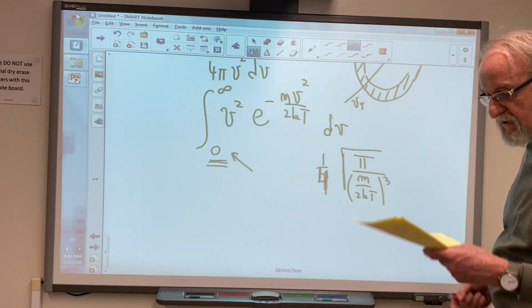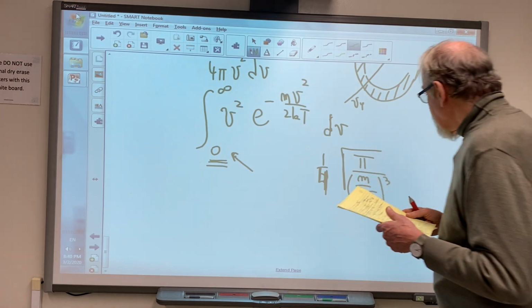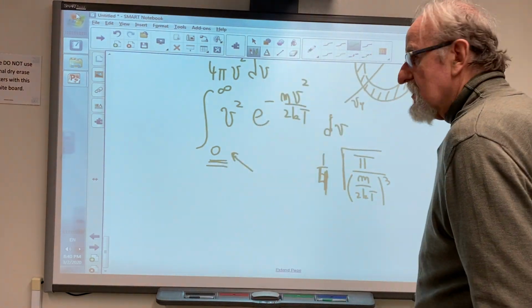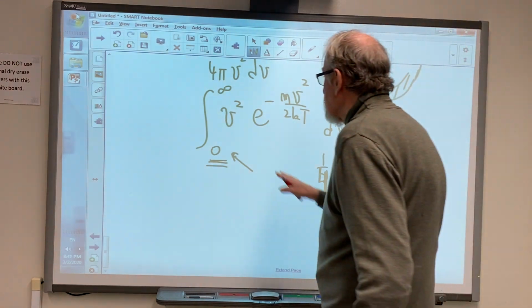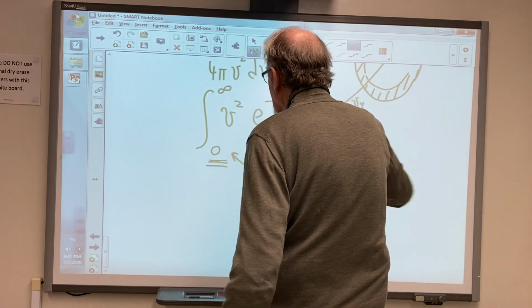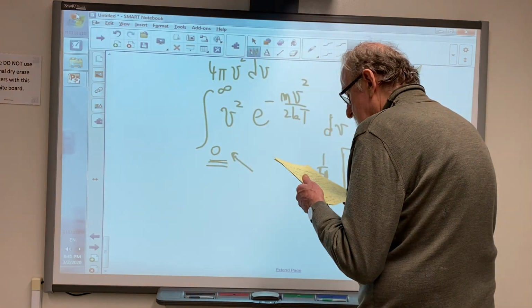That's the value of that integral. That means that the constant that I need to have in front will be the inverse of this number. Okay? Since this gives me this, times the constant c should give me 1, c should be the inverse of this.